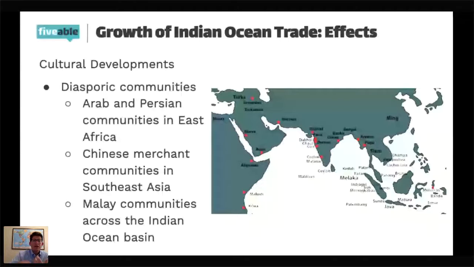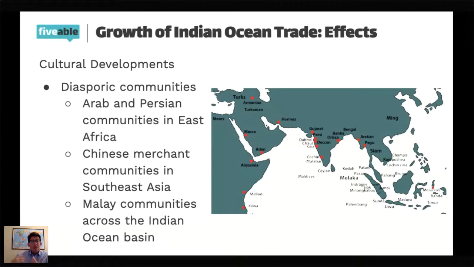You might hear people talk about the Jewish diaspora, right, which includes all Jewish people anywhere in the world, or the African diaspora, which would include not just Africans, but African Americans or African Europeans, or wherever Africans may be around the world. So we tend to think of this, again, as people outside of their original homeland. And as trade requires people to travel far away from their homeland, we see these merchant communities pop up all around the Indian Ocean.